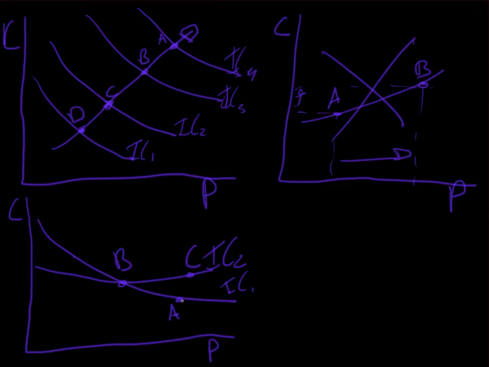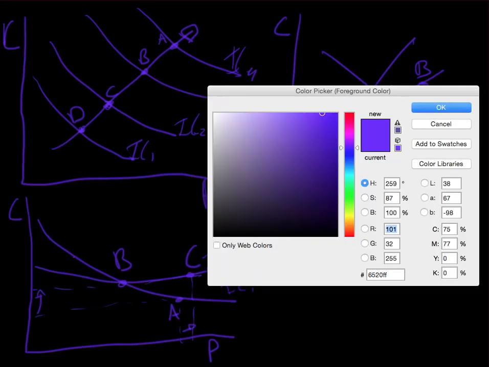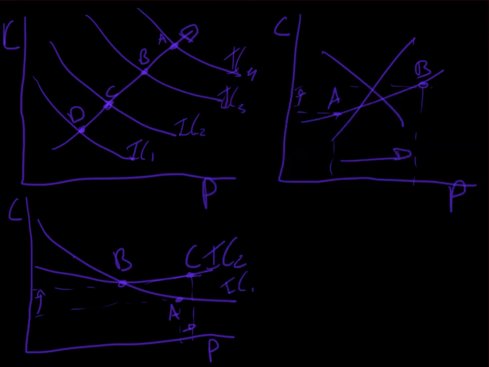However, if you're indifferent between point A and point B and point B and point C, you should be indifferent between point A and C, but that is not the case. If I compare point A that has a certain amount of cola and pizza and point C that has more cola and more pizza, I am not indifferent between the 2 points. Therefore, this is not possible.